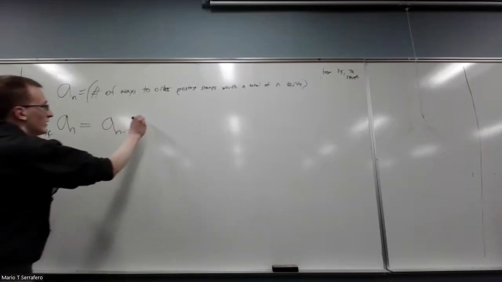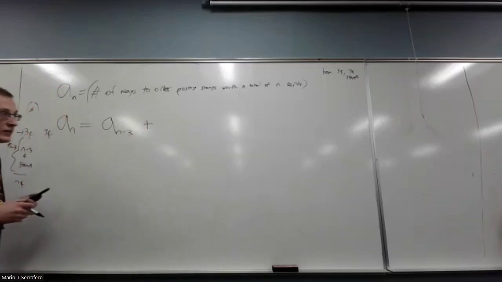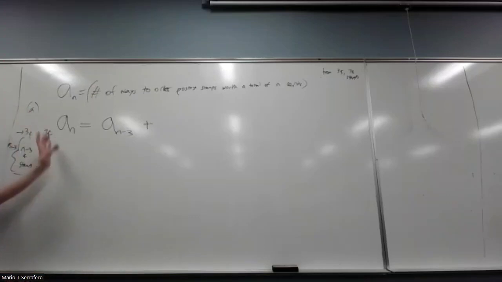So we use the sum rule. They're separate because if my first stamp is 3 cents, I can't also have my first stamp be 7 cents. So I want to count those separately and add those together. The problem specifies that the stamps are in an ordered sequence. We want to count the number of ordered sequences of stamps worth n cents.